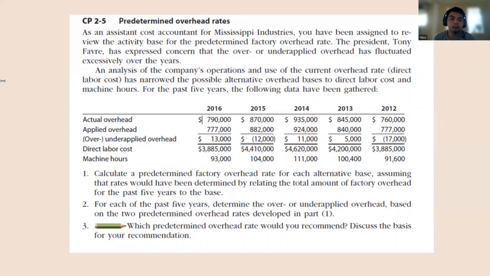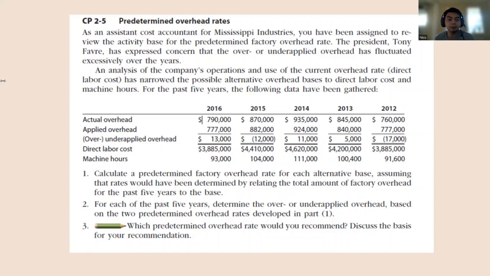Your president, Tony Faber, has expressed concern that the over or under-applied overhead has fluctuated excessively over the years. An analysis of the company's operation and use of the current overhead rate, which is the direct labor cost, has narrowed the possible alternative overhead bases to direct labor cost and machine hours. So for the past 5 years, the following data have been gathered.